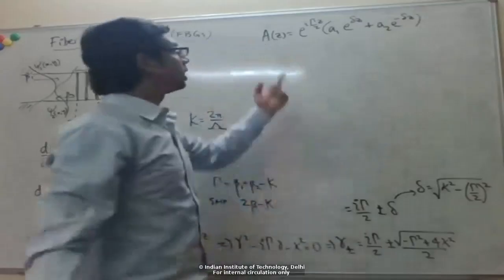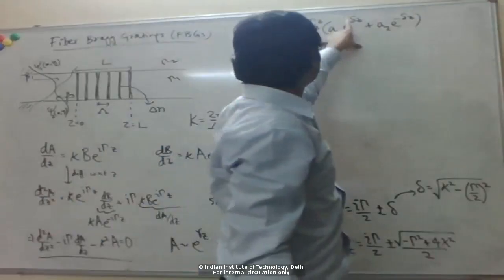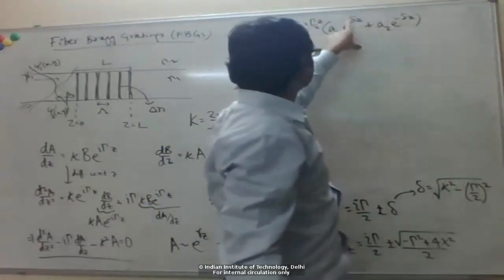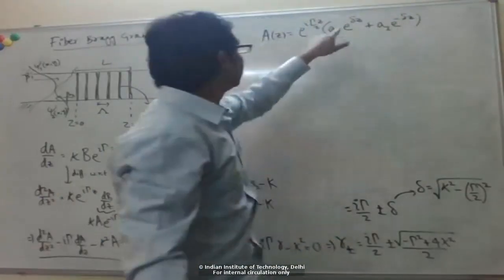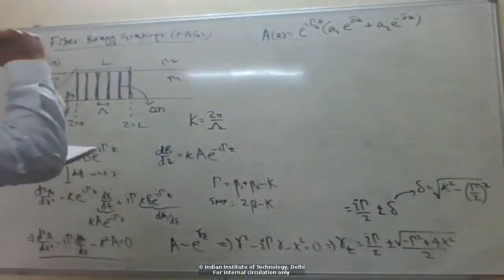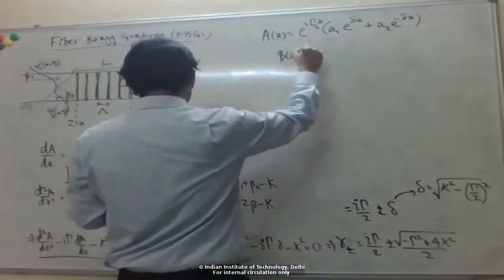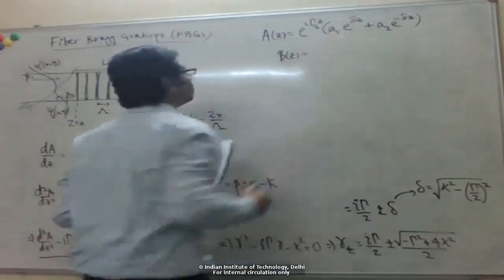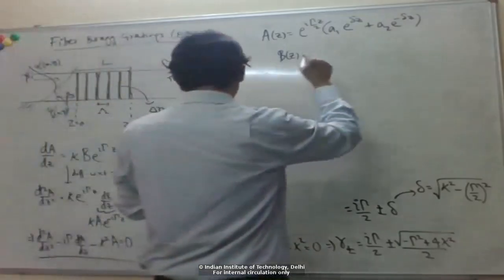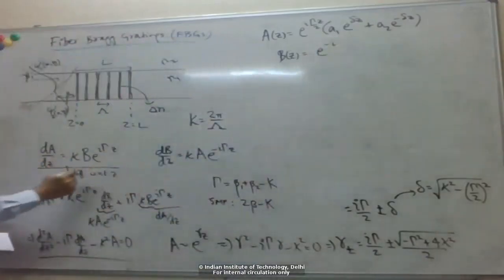For the directional coupler case, these were sinusoidal functions. So this was e to the i something plus e to the minus i something, but here now these are real exponentials. And b of z we can find. So a1 and a2 are constants again that we need to determine from the initial conditions, the boundary conditions. And then b you can find from this equation.